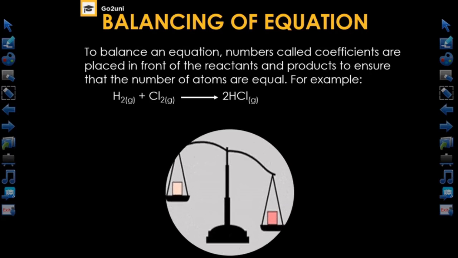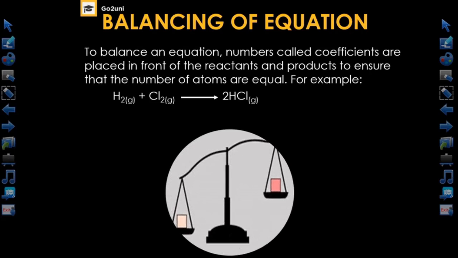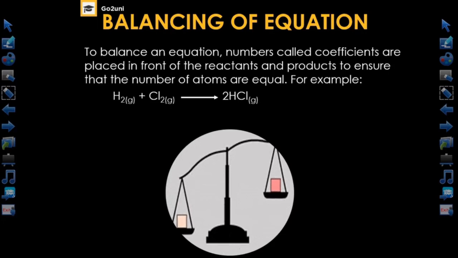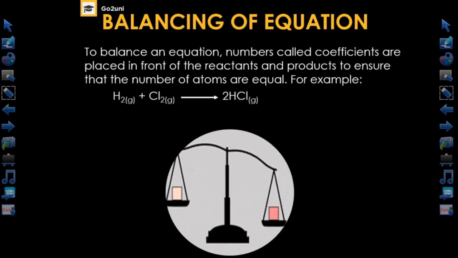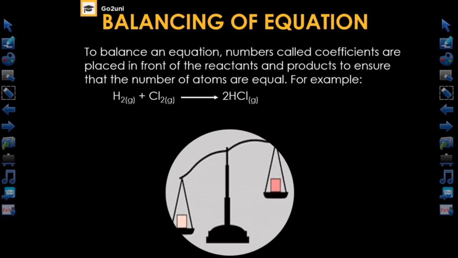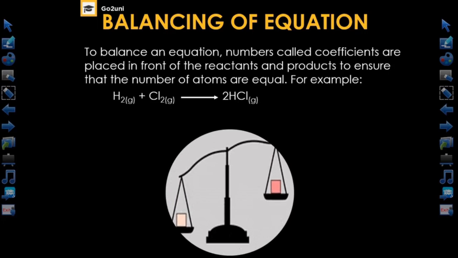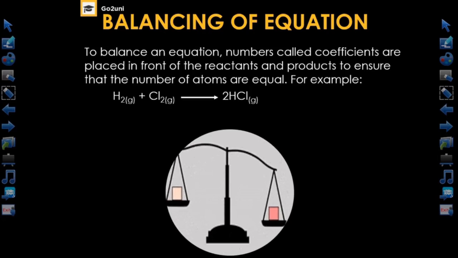That is to say, given reactants A and B coming into reaction to give us products C and D, there must be a balanced state. Otherwise, such reactions may not really take place.